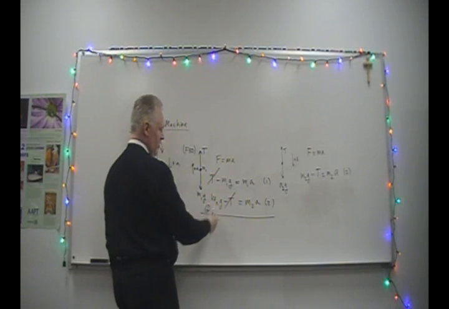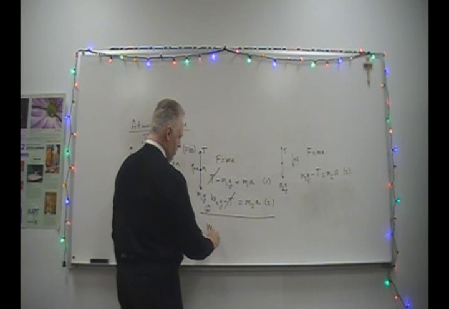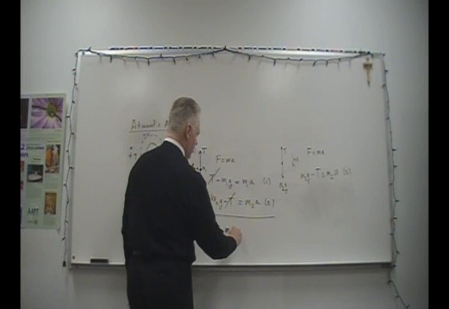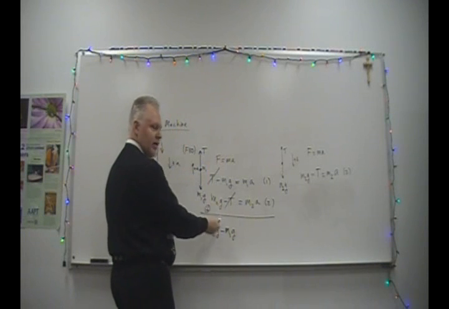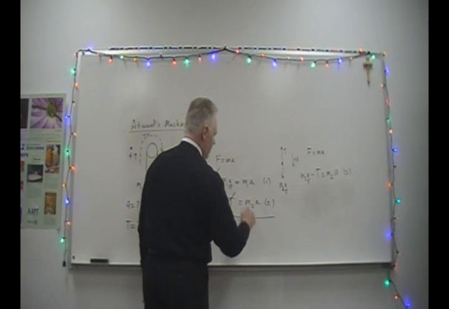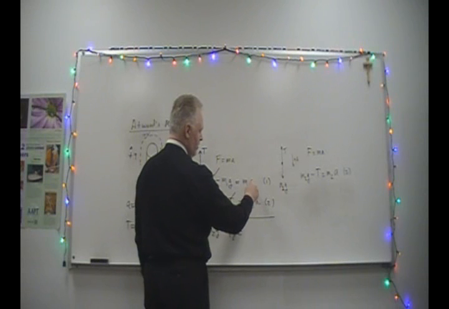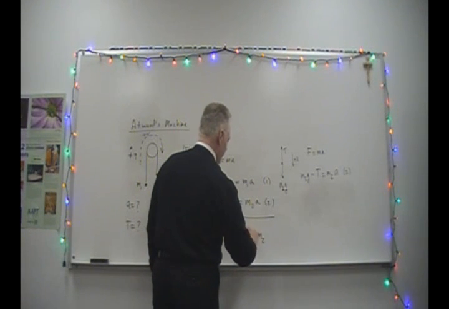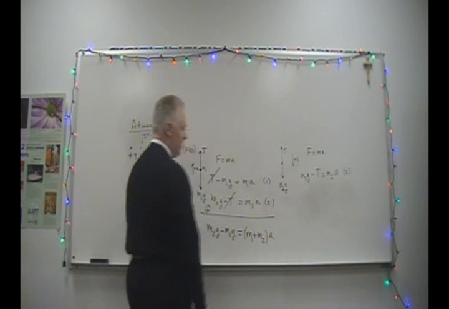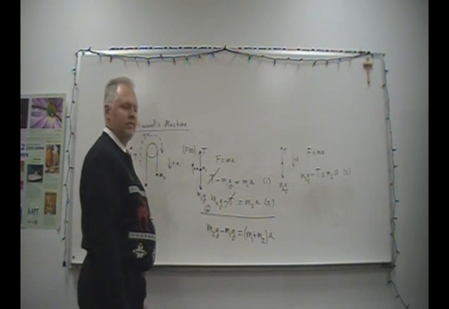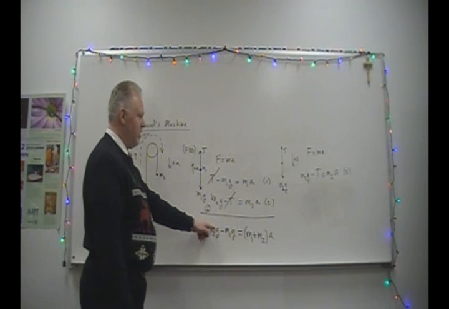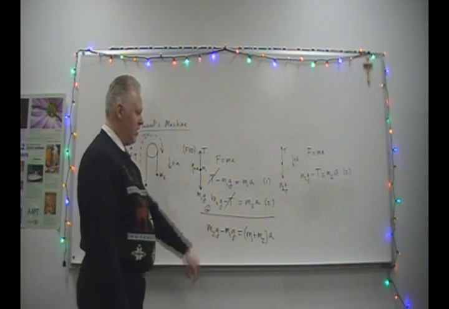These terms will cancel out, and what I'll be left with is m2g minus m1g on the left side. On the right side, I'll have m1 plus m2, and that quantity is times a. I just factor the a out because it's in common. I could also factor the g out on this side and solve this for a.